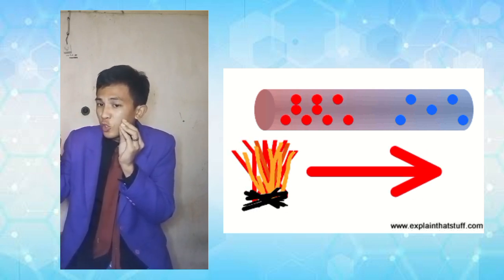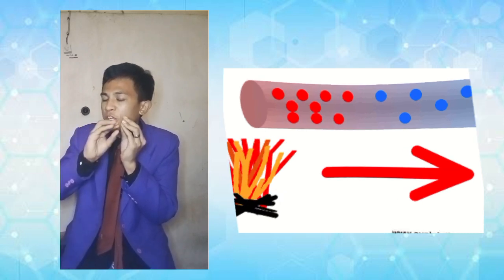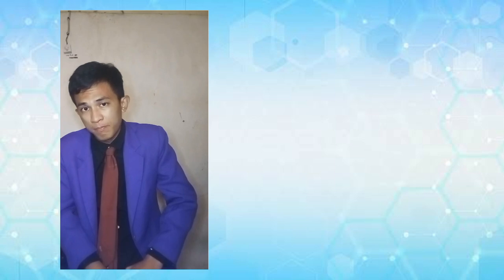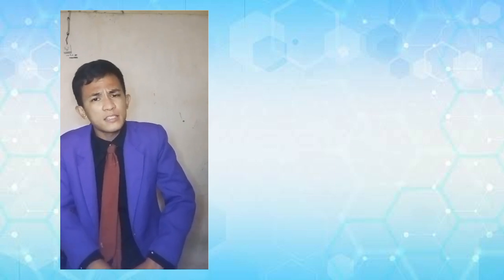So, the transfer of heat stops when it reaches equilibrium. Now that you have grasped the basic idea of what heat is, let us now go to the types of how heat is transferred.